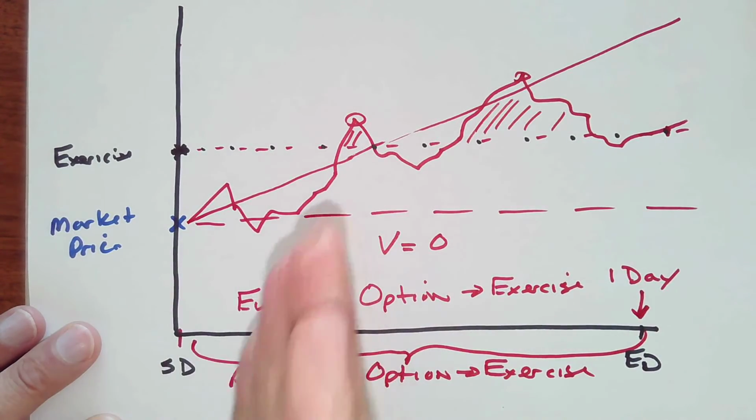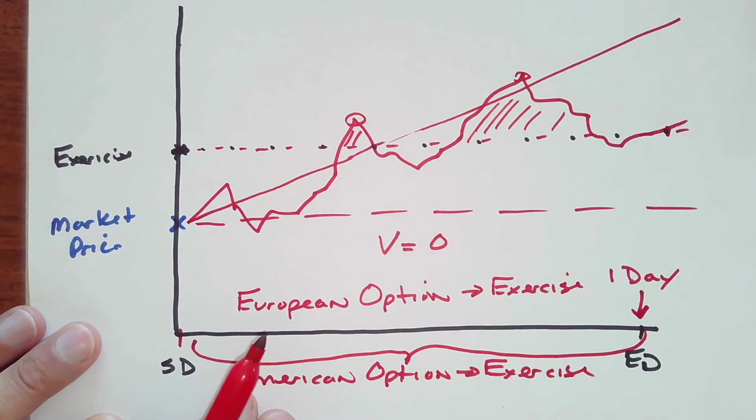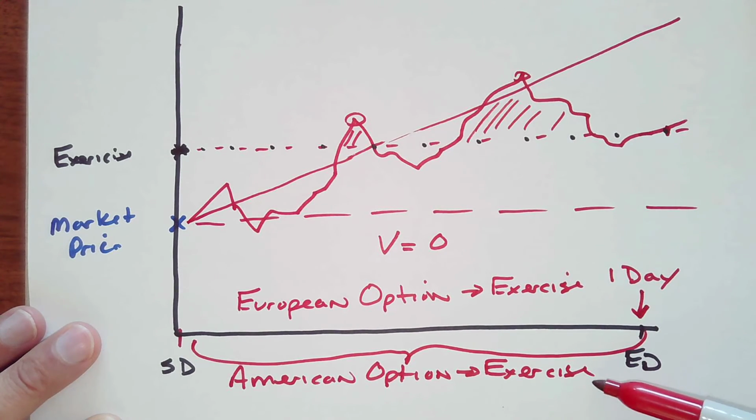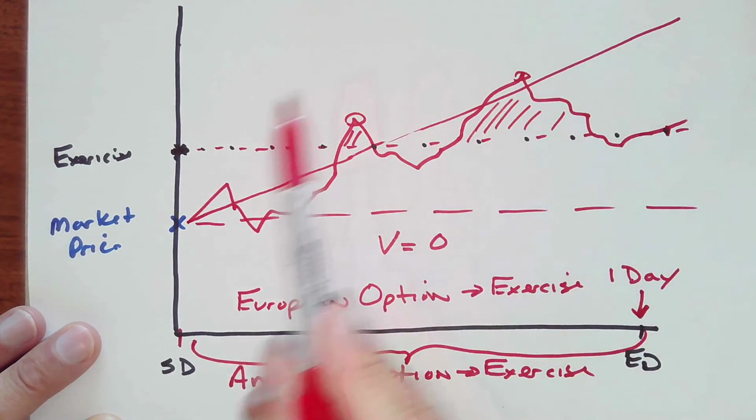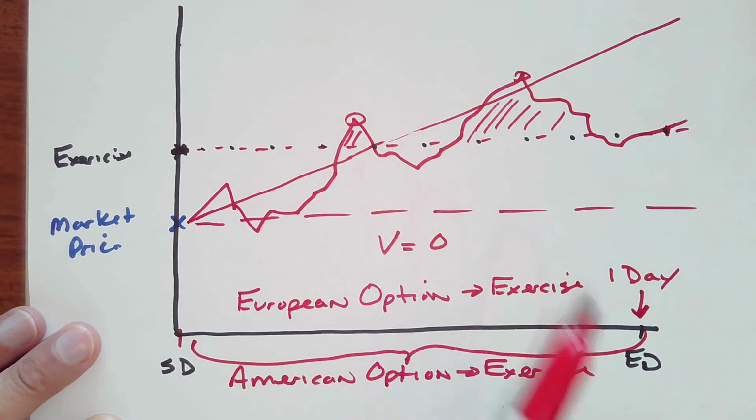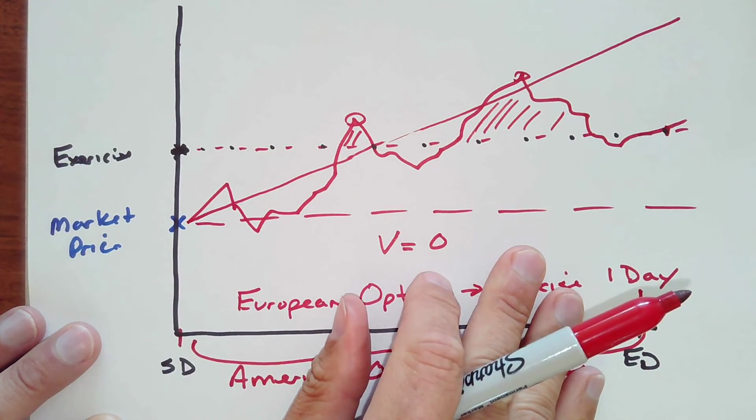Others, maybe there's set dates when you can exercise. But the American option gives you more flexibility when you exercise versus the European option. So you can see that an American option will have more value to the buyer than a European option, and that should be built into the pricing when I'm trying to figure out the fair value.